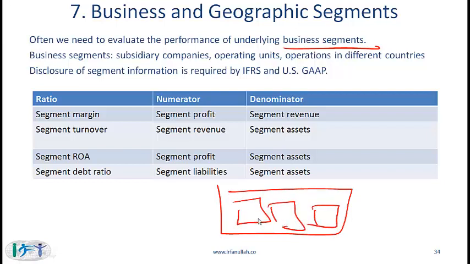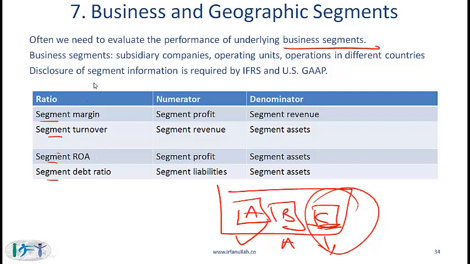Let's say that a company has 3 different segments, and you evaluate that A is doing extremely well, B is average, and C is underperforming. Then a company announcement that it's going to discontinue or spin off C is going to be taken as positive news. If you look at the various ratios, these are simply ratios that you have studied before, but they are expressed on a per segment basis.